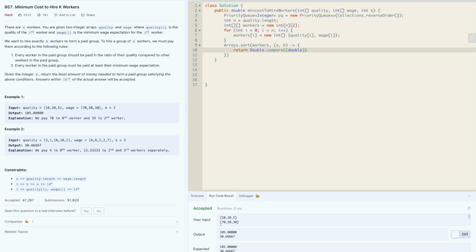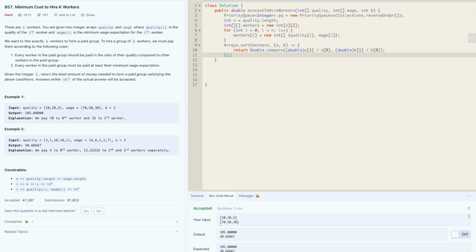For unit price, we want to have A's wage, which is index 1, divided by A's quality, index 0, and B's wage divided by B's quality. I think it's the other way around, so it's A1 divided by A0 and B1 divided by B0. This should be the wage divided by the quality.